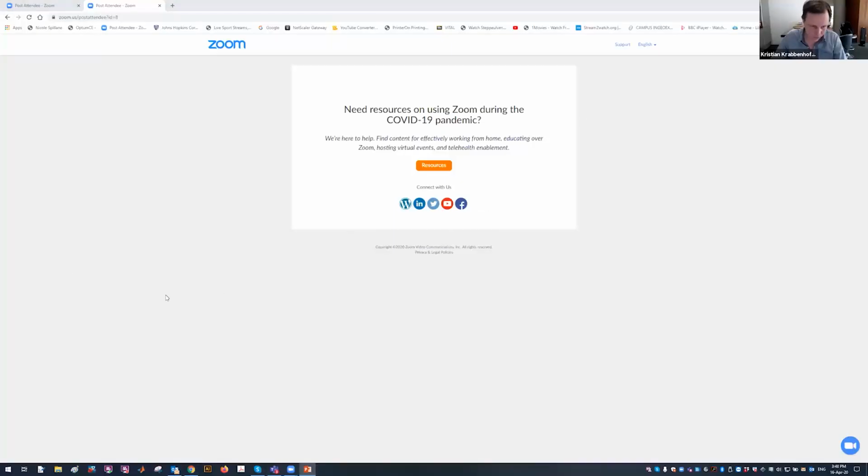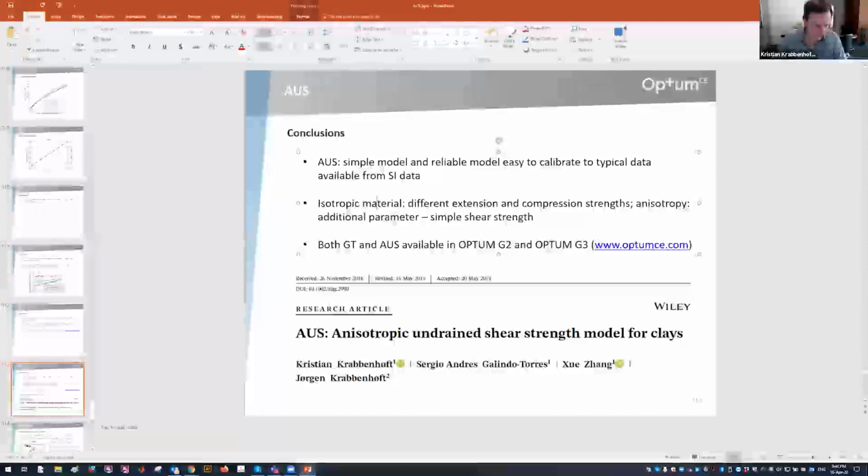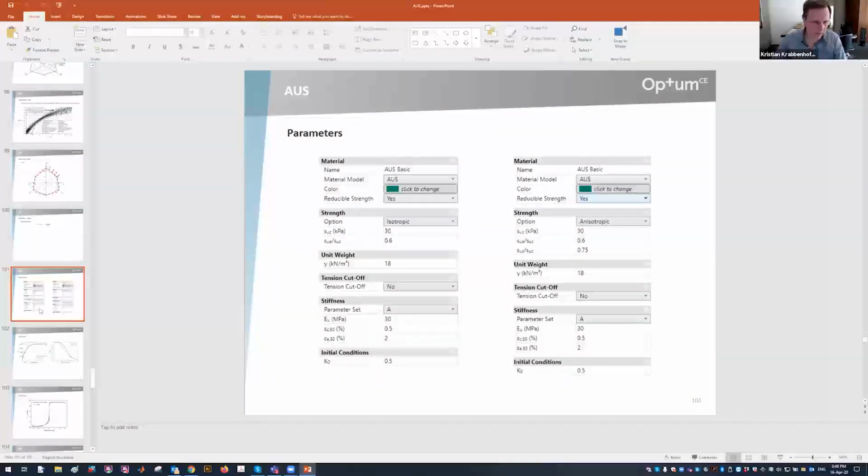that is, let me share my screen again. So the isotropic version of the model, basically this version over here, where you have a compressive strength SuC and then a ratio of extension to compression, I would think would be the default model to apply if there's no significant anisotropy, which is our default position.